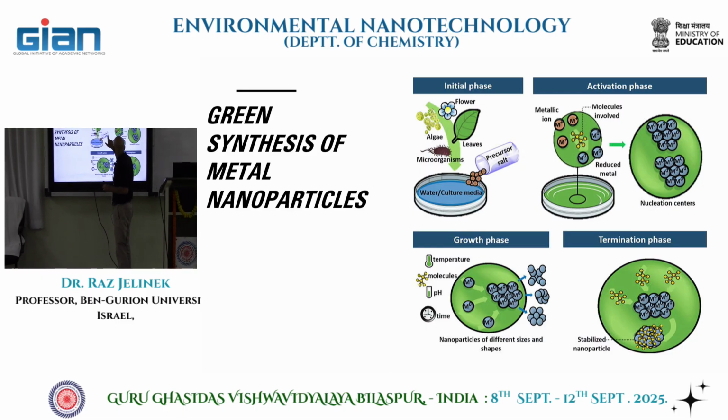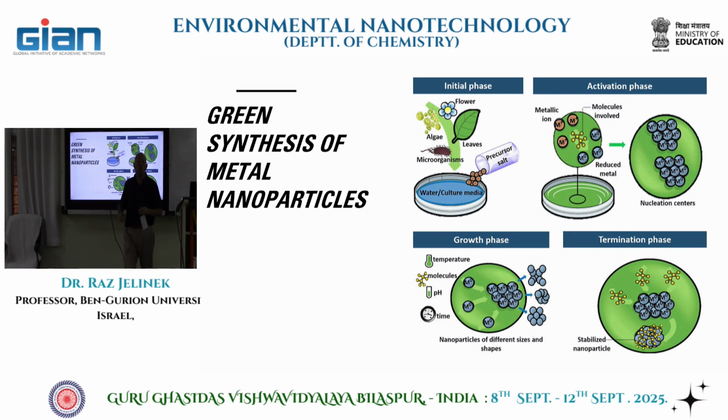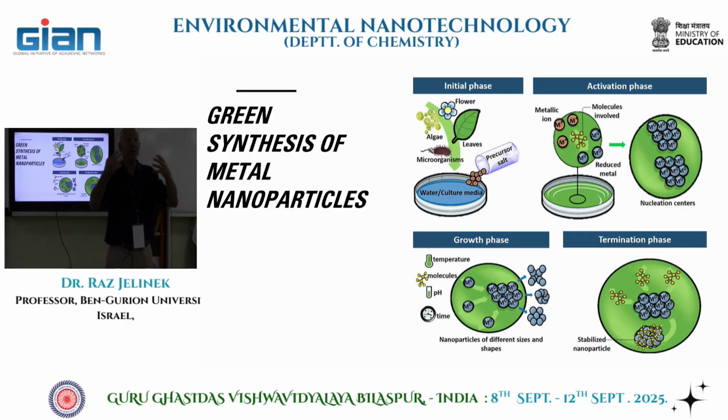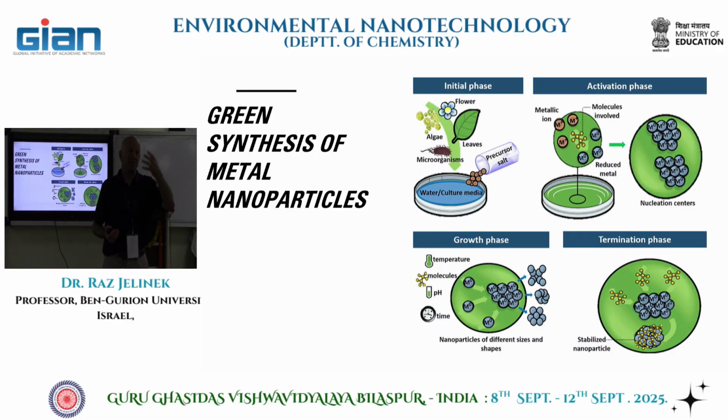Then we will put in salt. Salt, as a general term, is just metal ions and their counter ions. For example, sodium plus, chloride minus, iron plus, chloride minus. All these are salts. Metal salts are very cheap. You can buy iron chloride.